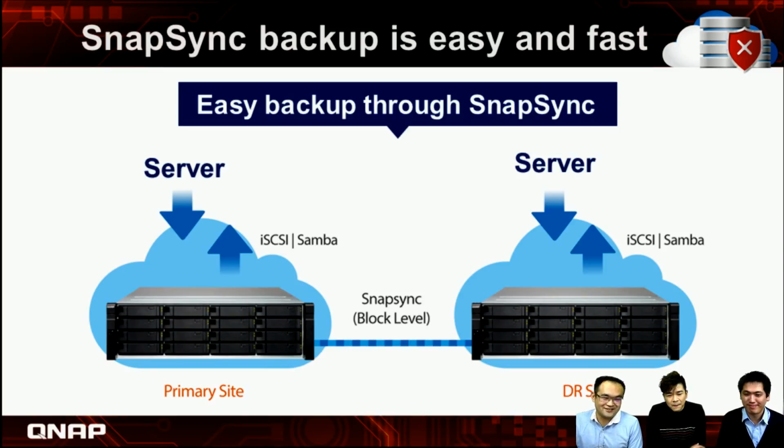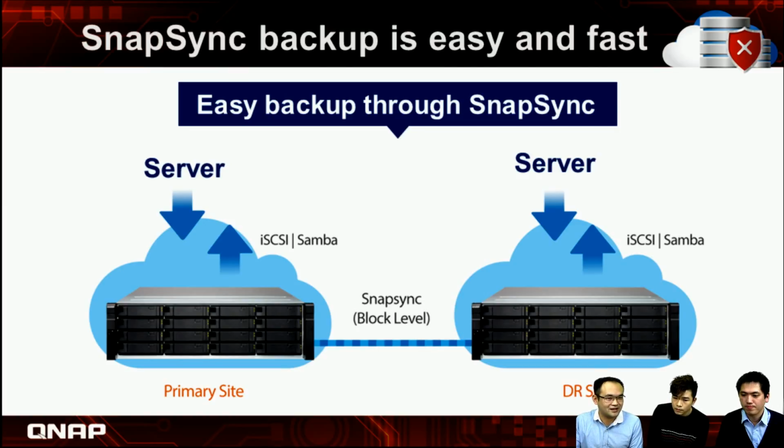Okay. So QES provides SnapSync as the remote backup solution, and it uses block level backup. So you can migrate your data to the remote site very easily and fast. And as I know, for enterprise storage, some vendors provide the block level replication function with an extra license cost requirement.